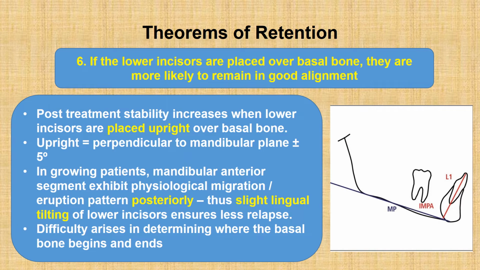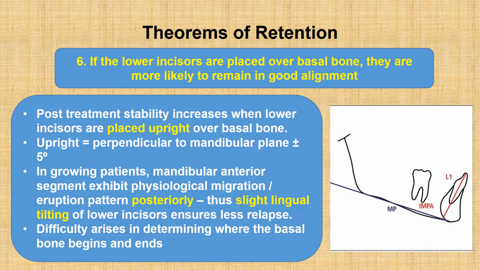Now, the sixth theorem of retention is that if the lower incisors are placed over basal bone, they are more likely to remain in good alignment. Post-treatment stability increases when the lower incisors are placed upright over the basal bone. Here upright means the lower incisor is placed perpendicular to the mandibular plane, plus or minus 5 degrees.